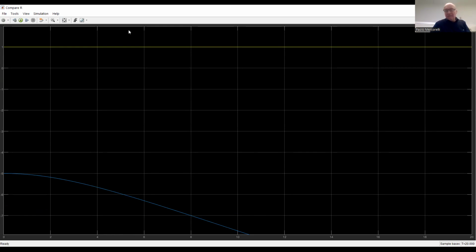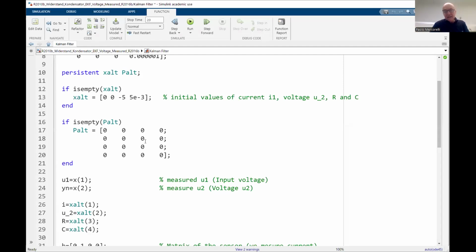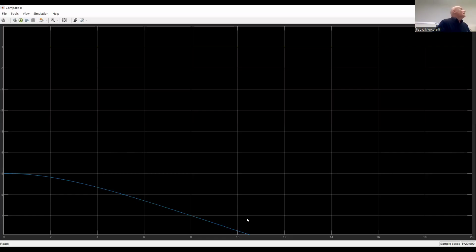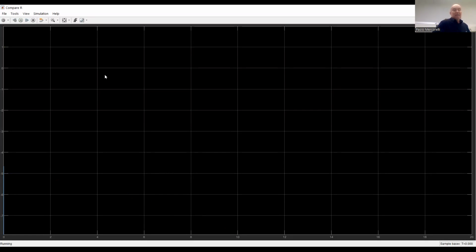Next time, we will see how many parameters I can estimate in general. For instance, if I put here 100, you say you have a big error. Let me see. And next time we will discuss the observability: how many parameters I can estimate using one input measurement, one output measurement. Look at this.